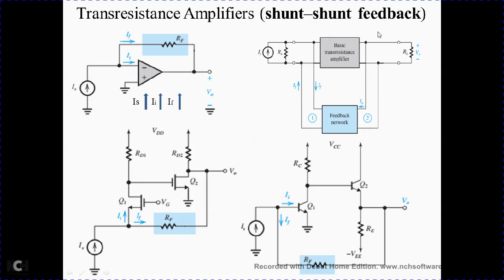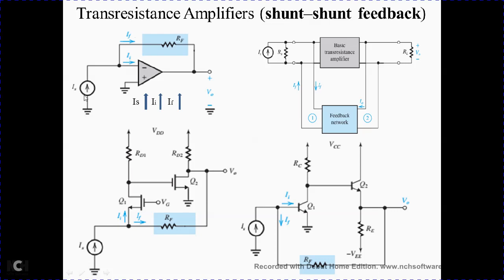That is why it is shunt feedback. Now this is an op amp amplifier. The input is applied to the inverting terminal and the RF feedback network is connected between the output and the input. Please remember, Is is equal to II plus IF, where II is equal to Is minus IF.